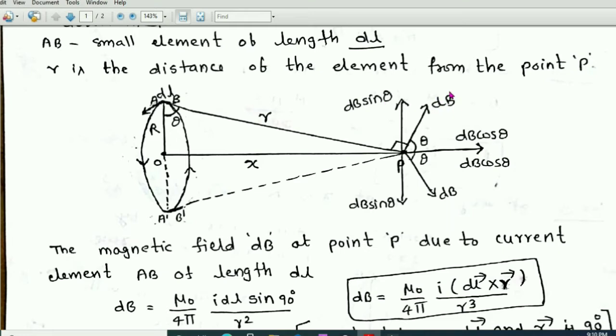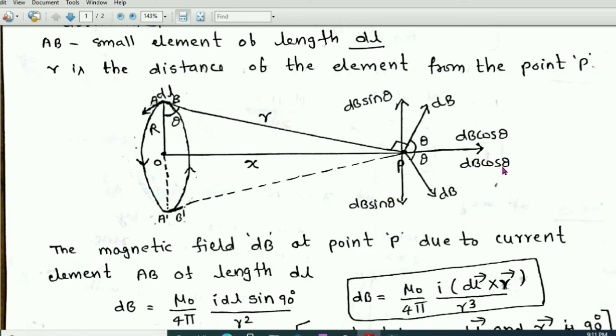This dB is the magnetic field produced at point P due to the AB length element. Similarly, due to the A dash B dash length element, the magnetic field is dB. If you resolve this dB into components, again this dB will have dB cos theta and dB sin theta. Here due to this dB this is the dB cos theta, and due to this dB this is dB cos theta.